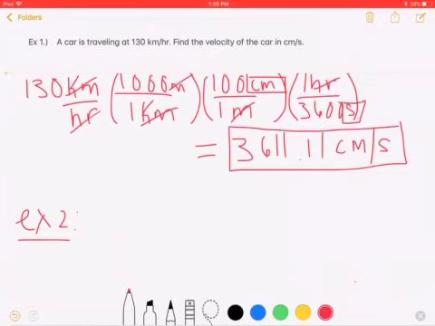Okay, so if you've previously taken AP Chemistry or you read the section in Chapter 1 about significant figures, you're probably thinking, 130 has 2 significant figures. Why does our answer have nearly double that? So it is true that significant figures are important, especially when we're talking about multiplying numbers in scientific notation.